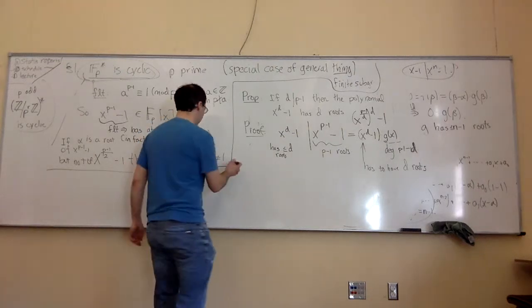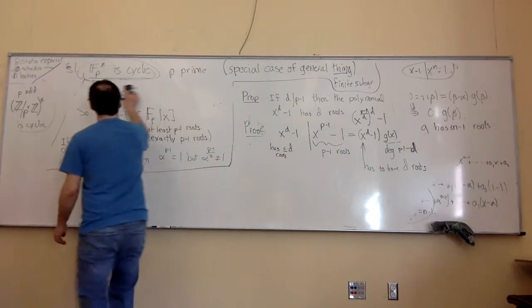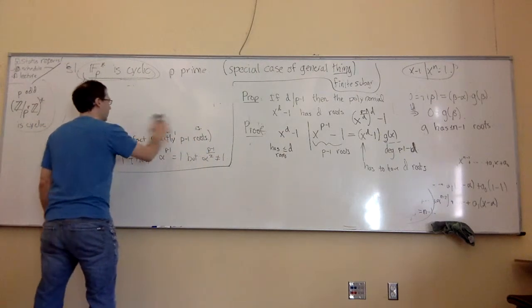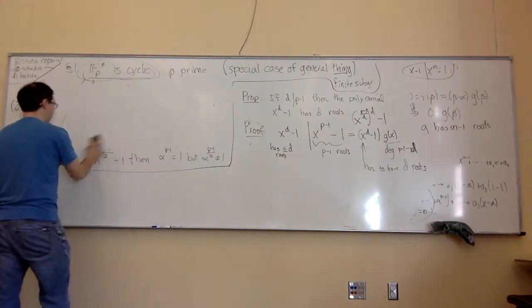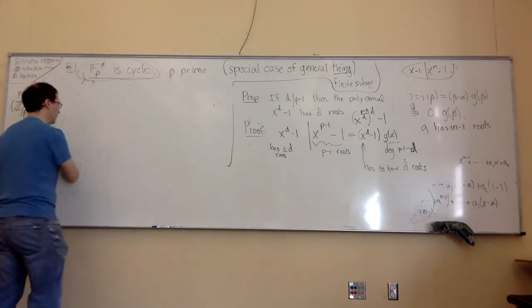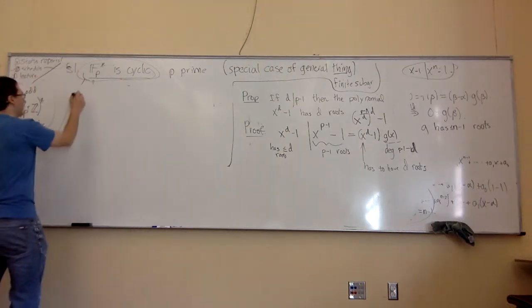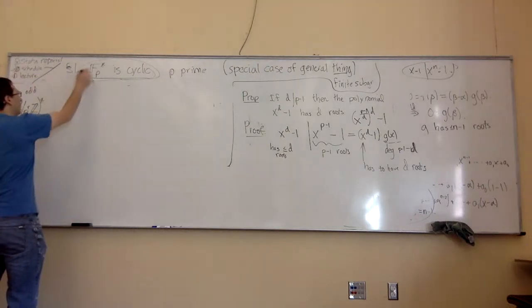Okay, so now let me show you how this works, finally. So far we've used just some basic facts about polynomials, that every element of F_p star has an inverse, and Fermat's little theorem.